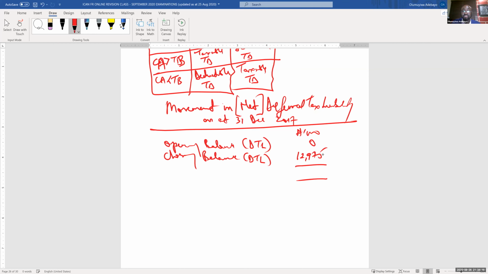Now, what is the movement? Is it a decrease or an increase? It's an increase. Therefore, an increase.